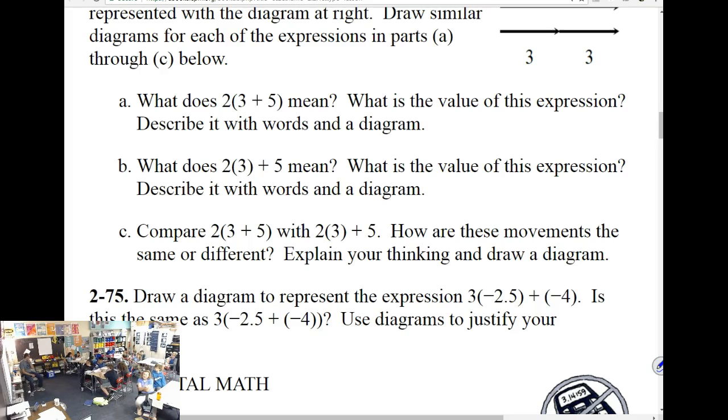In B, you're multiplying 2 and 3 and then adding 5, and in A, you're adding 5 and 3. Here, we're saying this is two sets, or whatever you want to think of, of a move of 3 and a move of 5. Which really means it's two sets of 8, which is 16. Here is two moves of 3 and then a move of 5, which is 6 plus 5, or 11. We could do this with decimals, but we probably don't need to.